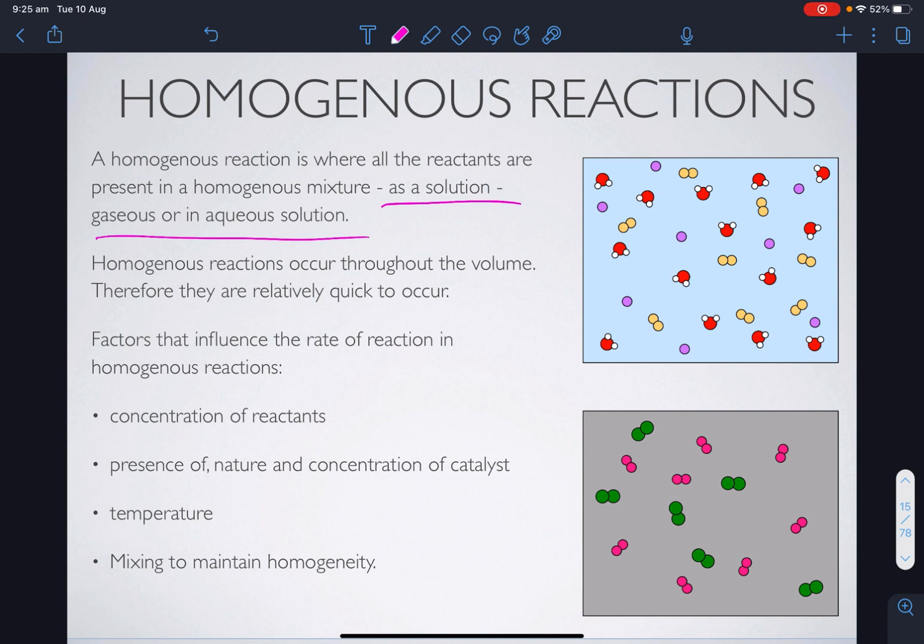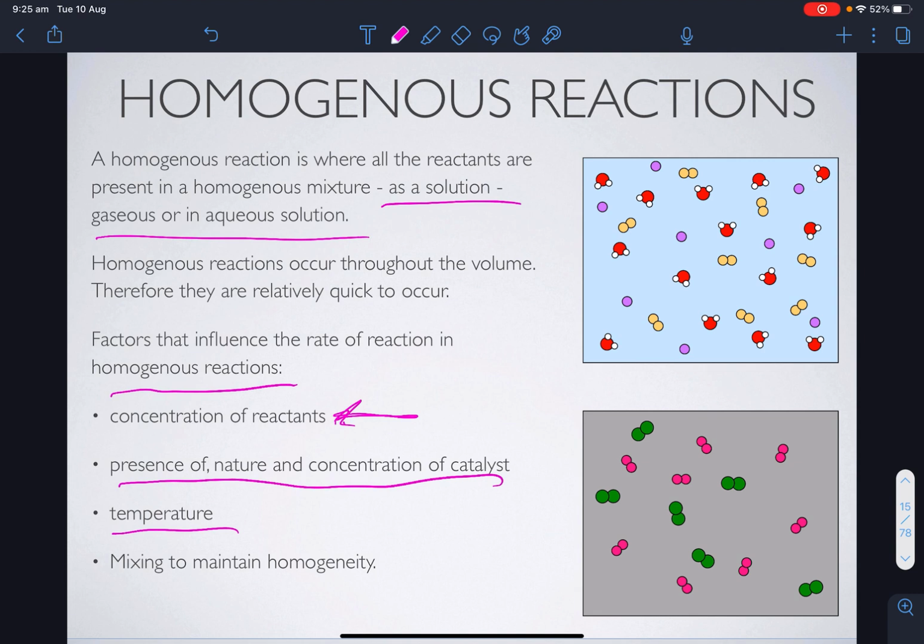Factors that influence the rate of reaction in a homogeneous reaction are the concentration of the reactants, or how much you have there; if you have a catalyst, and we'll talk more about catalysts later in the chapter; and the temperature. Temperature helps, because one expression of temperature is kinetic energy, or how fast the particles are moving.